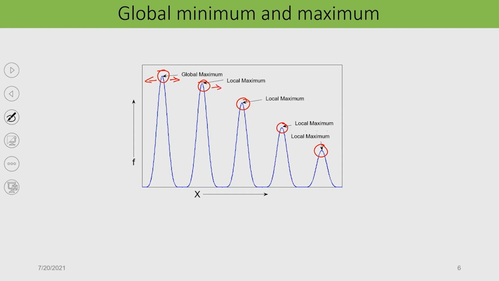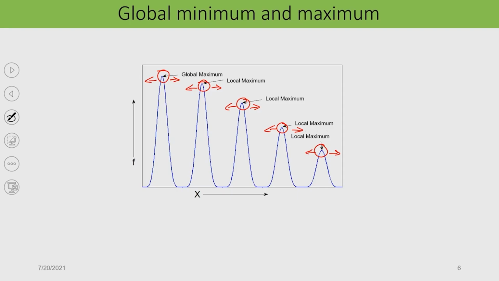Similarly, here also the function value will decrease if you go to the right hand side or left hand side, similarly here also, and similarly here also. Therefore, all these 5 points are stationary points and they are also maximum points. You can say these are the maxima of this particular function.